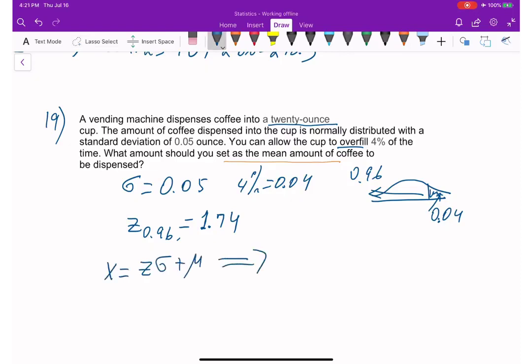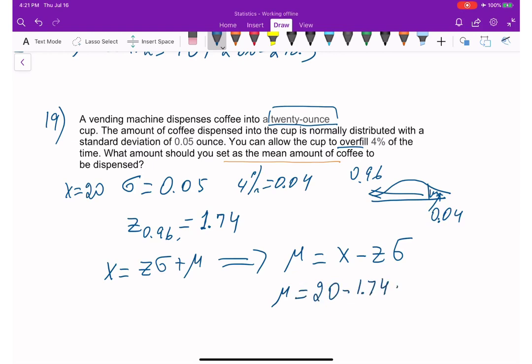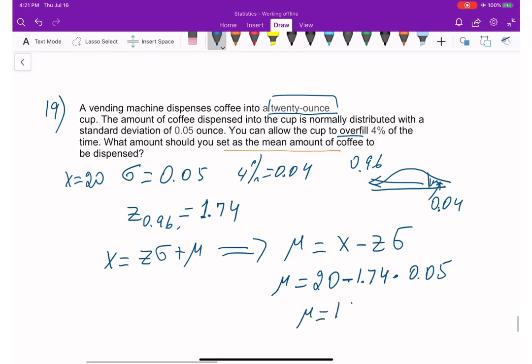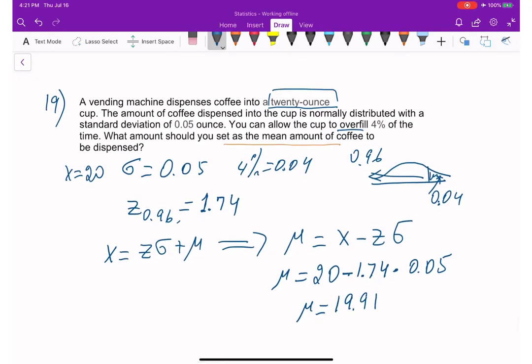So from here, mu is going to be equal x minus z-score sigma. How much is our x? Yeah, 20 ounce. Here it is. X is equal 20. So mu is going to be equal 20 minus 1.74 times sigma 0.05. So mu is going to be equal 19.91. Okay, the average amount is going to be 19.91 ounces.